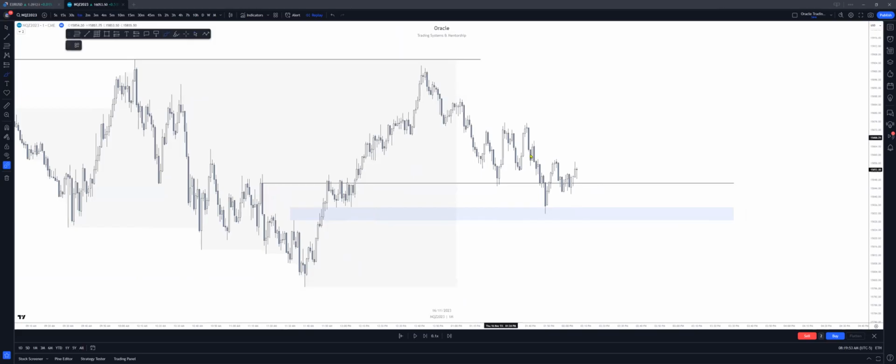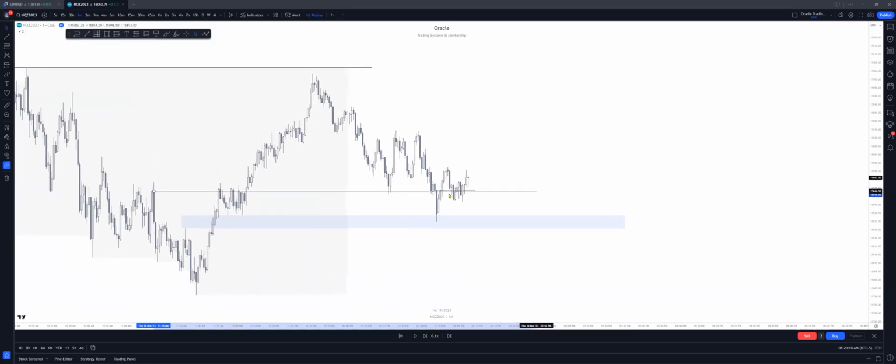So what happens here? Price accumulates, breaking the highs, creates liquidity down here, pushes down again, stops dead in its tracks as soon as we hit that POI, reverses, creates a type 1 right here. So now we have a type 1 as a result of a previous type 1.